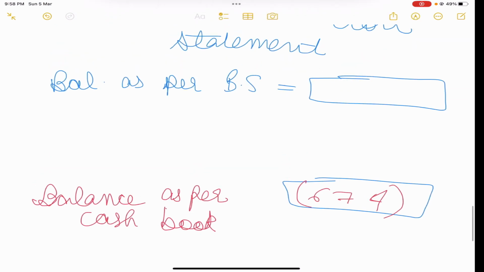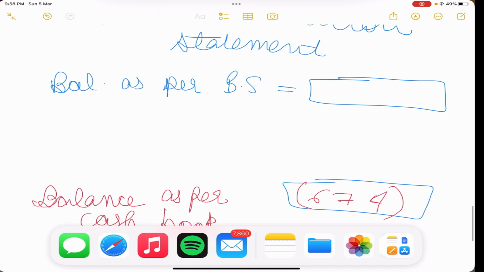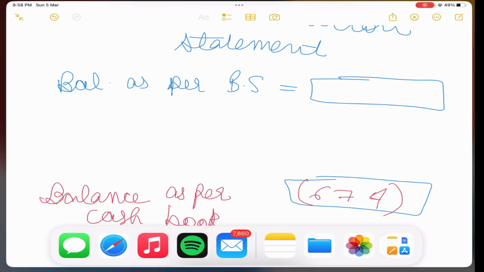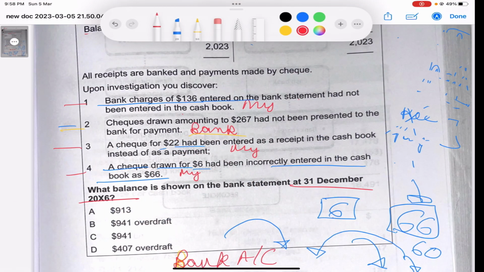Okay? So what are the mistakes of banks? Bank mistakes. What else? Outstanding check and lodgements unclaimed. We know that. So we mark that only the second one is the bank's fault. Checks drawn amounting to 267 had not been presented to the bank for the payment. So I have already drawn and subtracted from my cash book, but the bank hasn't done it.